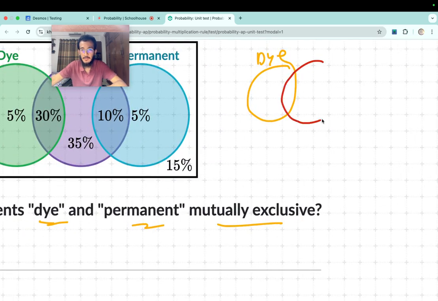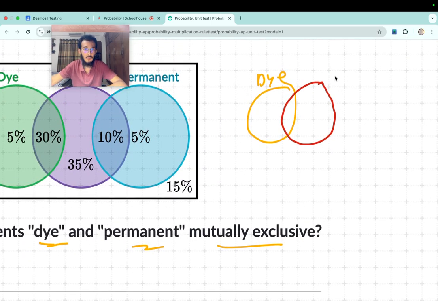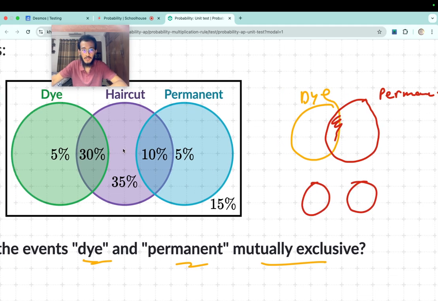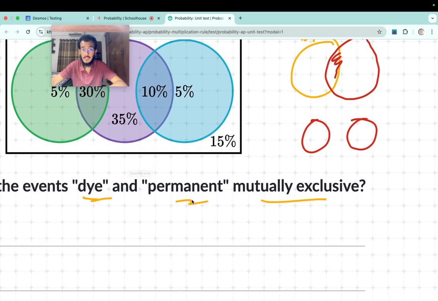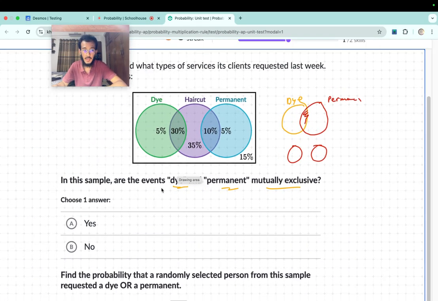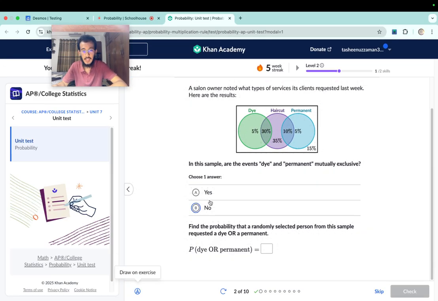If there was an intersection, it would have been like this, but it is completely different with no intersection. So they are mutually exclusive. If you have dye, you can't have permanent. If you have permanent, you can't have dye. So I'll select yes for the first question.